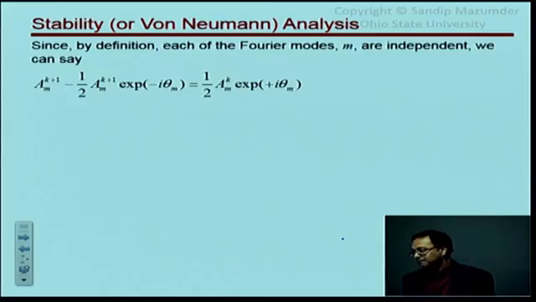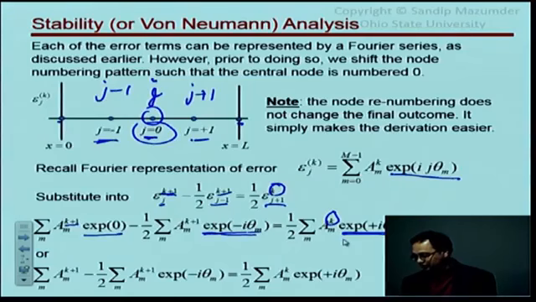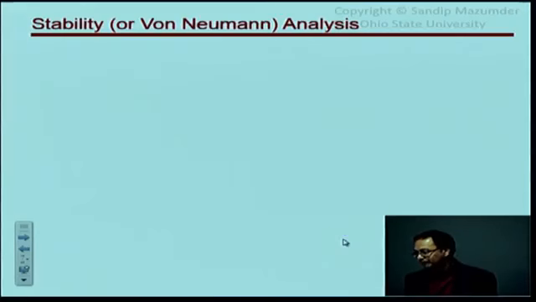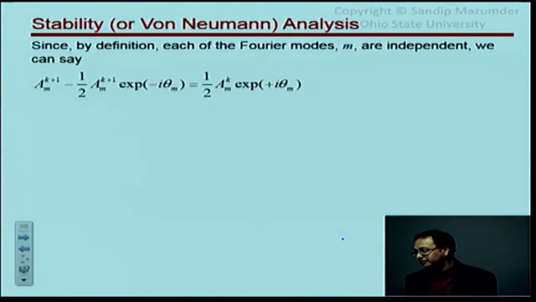Now, here is where the independence of the Fourier series comes in. This relationship has summations everywhere, but we know that it needs to be satisfied by every Fourier component, because we cannot linearly combine two Fourier components to give us a third one. That's the argument. The linear independence is what we use to drop the summation and simply have that equation.